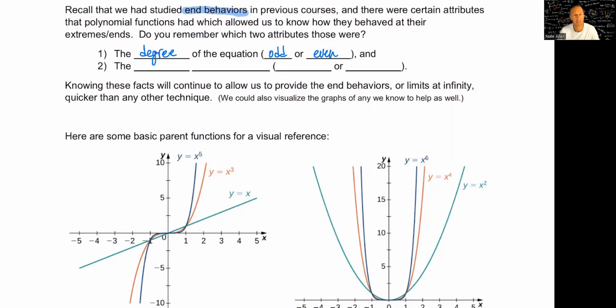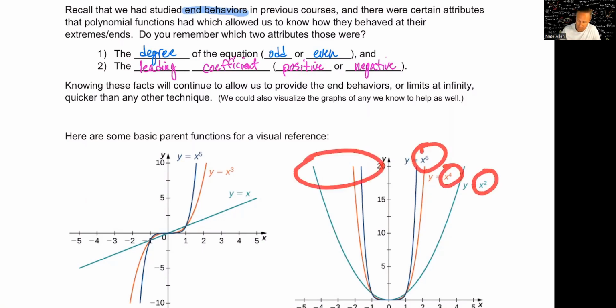If it's odd, opposite. But there's another important attribute that also told us how it would behave, whether it's both up, both down, or from left to right positive or left to right negative ending. And that had to do with the leading coefficient of that degree. And just like knowing the degree, whether it was odd or even, told us things about the ends, the leading coefficient also, based on if it's positive or negative, told us more. If it was even and positive, both ends are going to be up and the same.